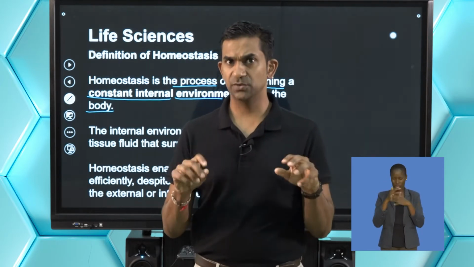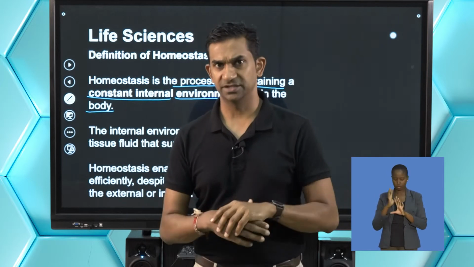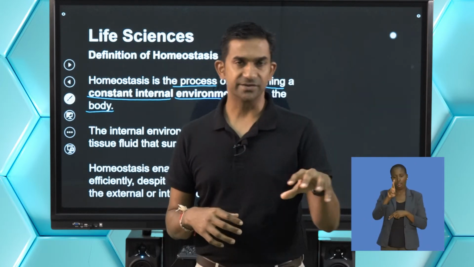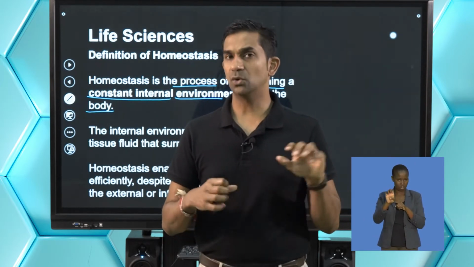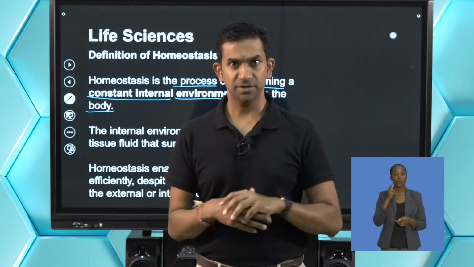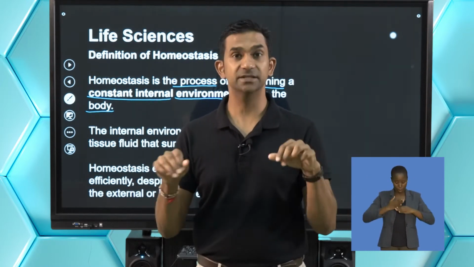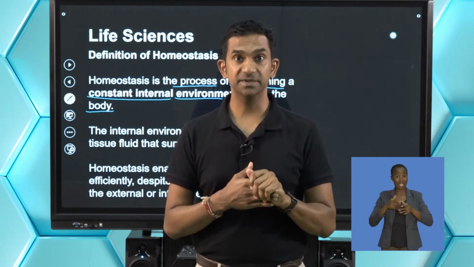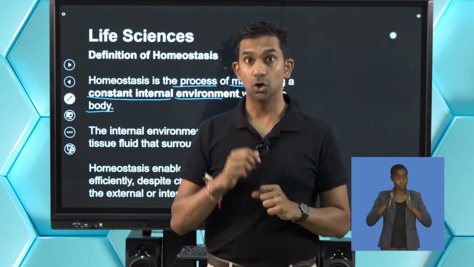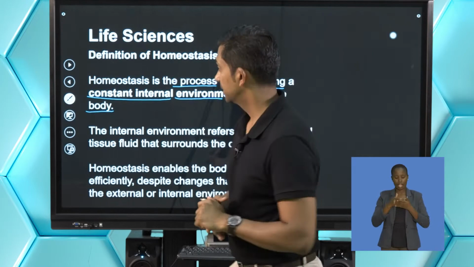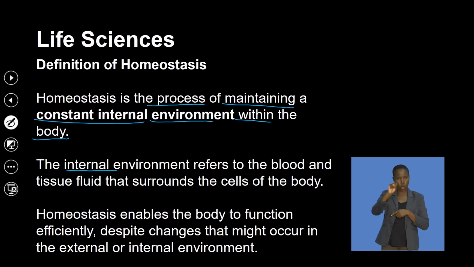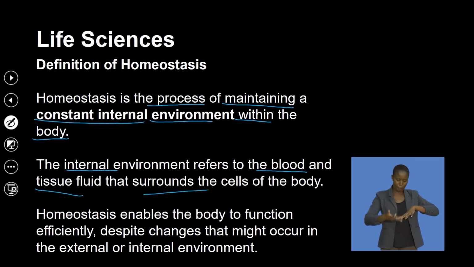They always fluctuate within what we call a normal range. And that's the constant range that we refer to. So all the mechanisms that are responsible for maintaining this constant internal environment are essentially maintaining homeostasis. The internal environment refers to the blood and the tissue fluid that surrounds the cells of the body.